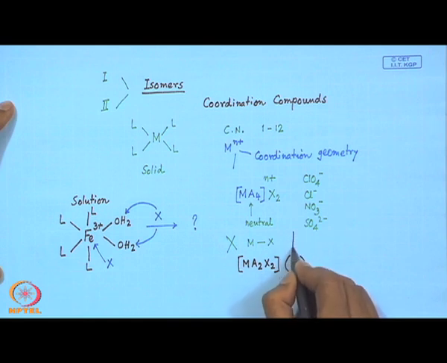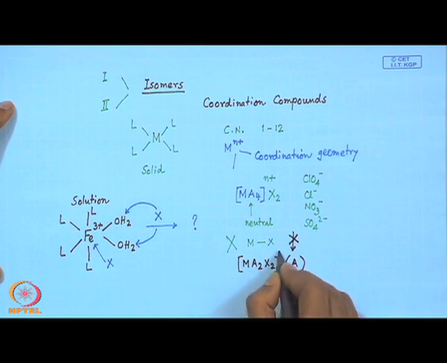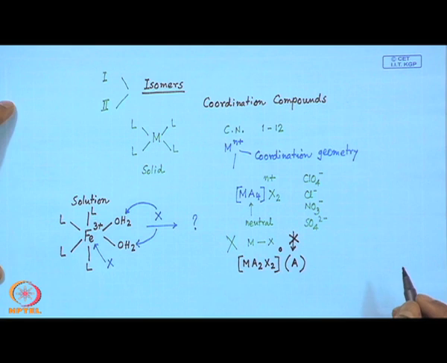So, outside A is not possible. So, we will have a compound which has internal charge compensation, and MA2X2 is forming.